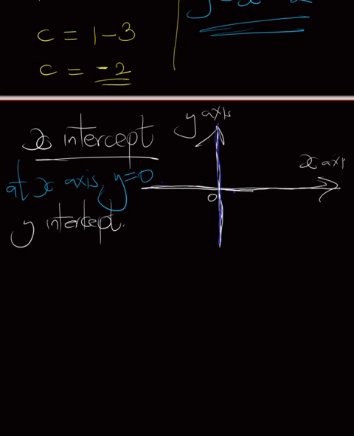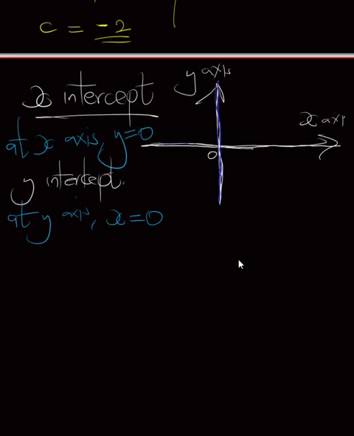So the line cuts it at exactly 0, just like the first. So we write at the y-axis or intercept, x is 0. These are the 2 points, the 2 concepts which will help us to calculate the intercepts.